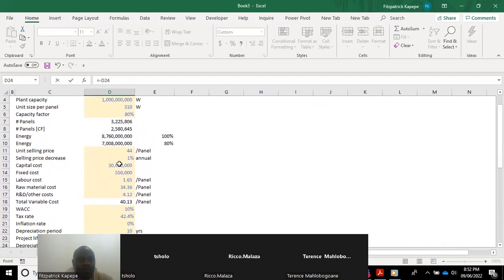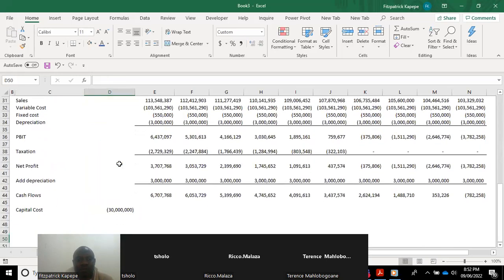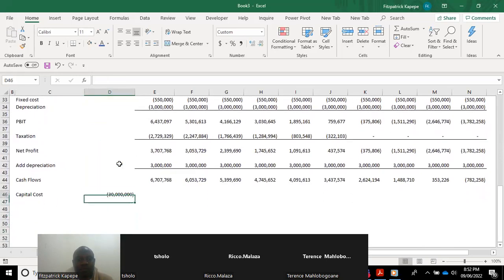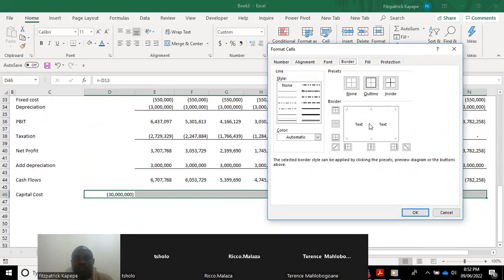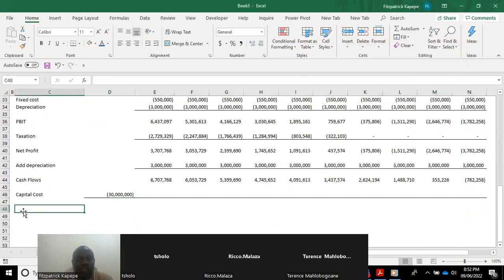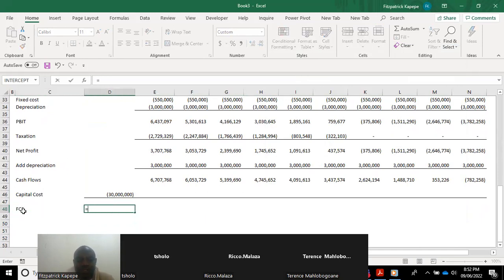Okay, it's here. So I will do that. So I can call it a free cash flow, FCF. So it will be these two numbers.